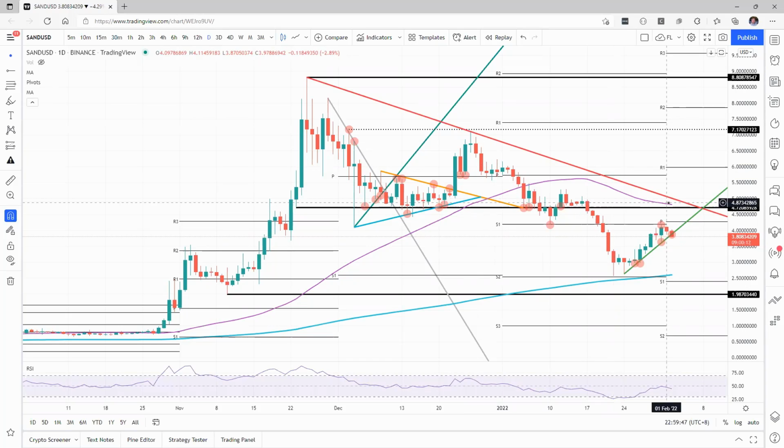So in order to break this little area between the 4.73 and the 5 handle, that would need quite some substantial tailwinds and very solid risk-on sentiment, which opens up the room for more uptick towards maybe even 8.78 by Easter or later on in the year. But that's a bit too far ahead.